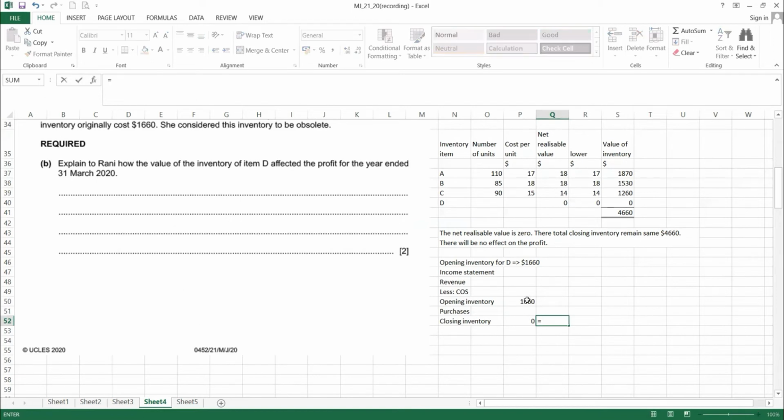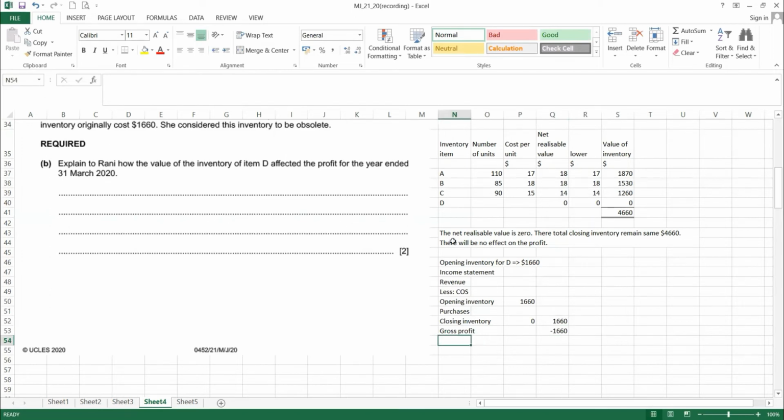By right, using the equation, we have the cost of sales of 1,660, and this situation talks about the gross profit. Take the revenue minus cost of sales. You notice that this is a negative. Negative means a decrease on the gross profit.